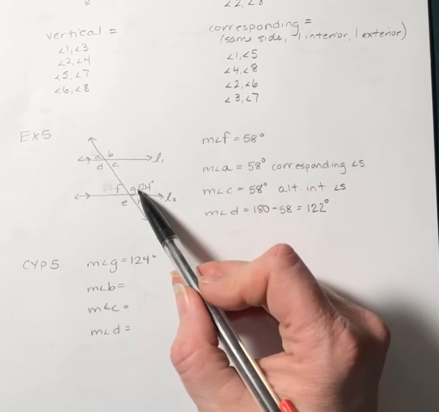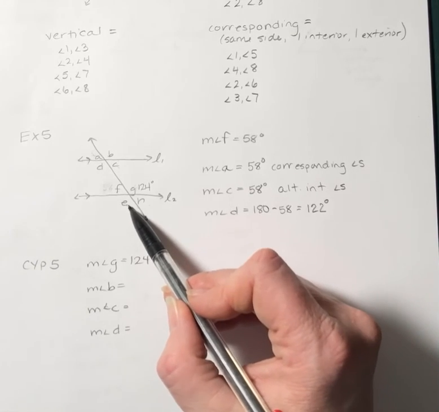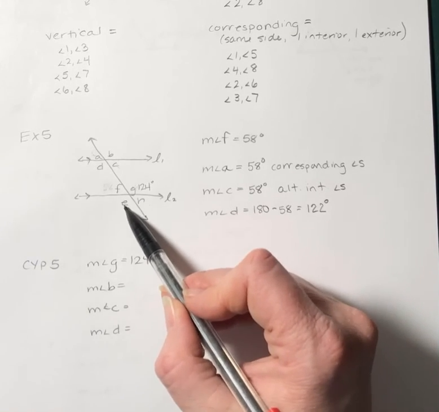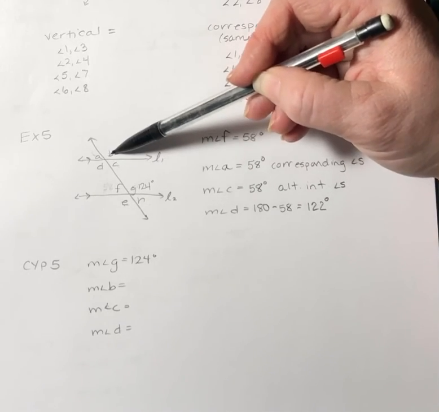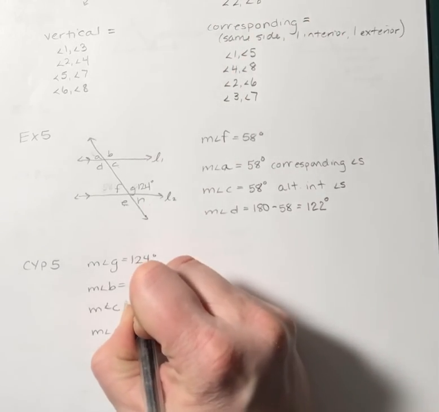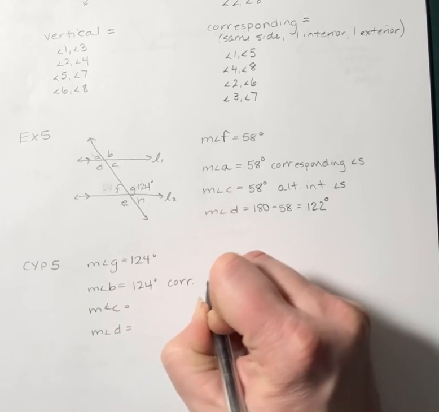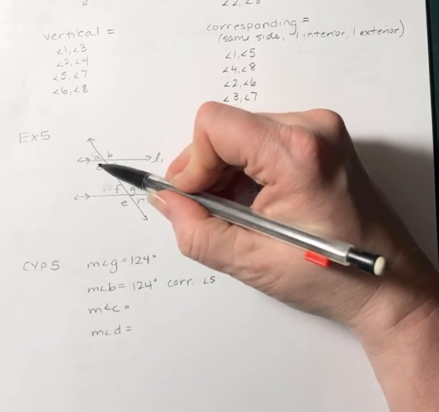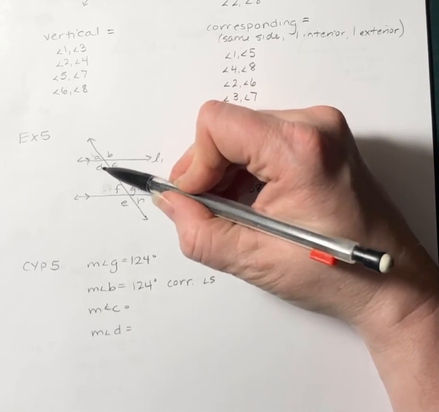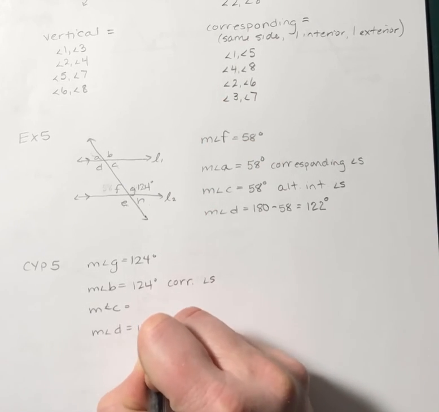So if G is 124, that means E is 124 because of course vertical angles. B is 124 because of corresponding angles. And then D is also 124 because of alternate interior angles.